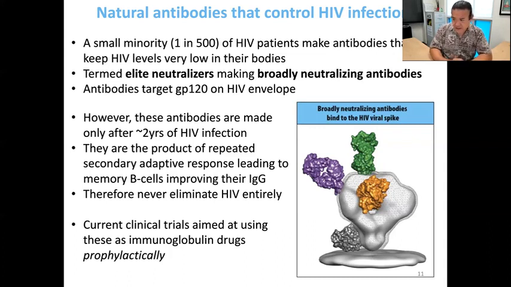In other words, there is the thought that if you have somebody who believes that he or she has been exposed to HIV, and you could infuse that person maybe the very next day with an IV with loads of these high quality elite neutralizing antibodies, then maybe whatever population of virus particles they have in the body, which would start off very low, if this is only like a day after they believe they've been exposed, then there's a chance that perhaps these neutralizing antibodies can actually eliminate and prevent that small population of HIV particles from really beginning to grow and take over the body.